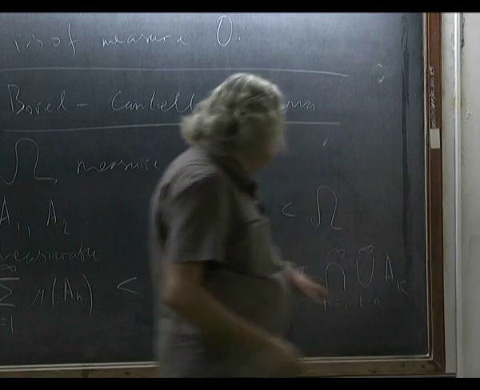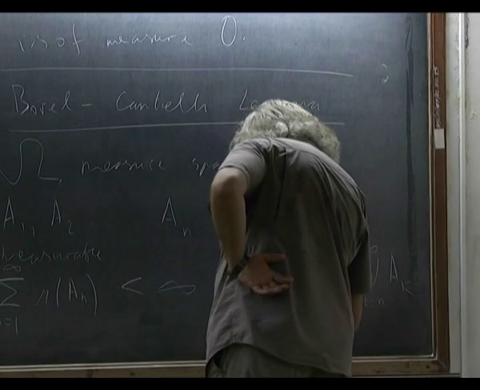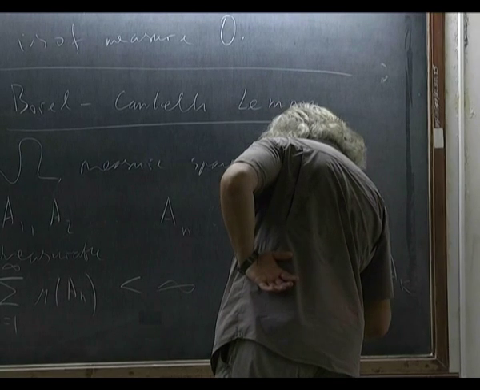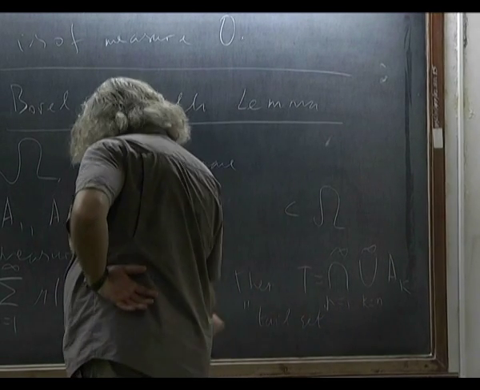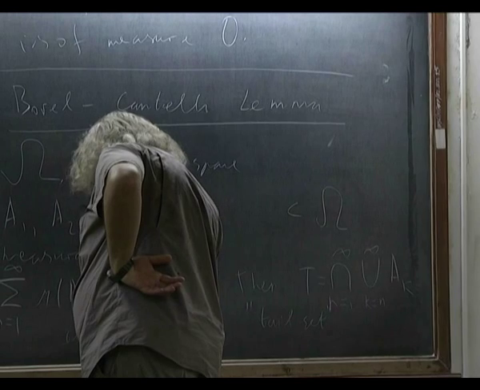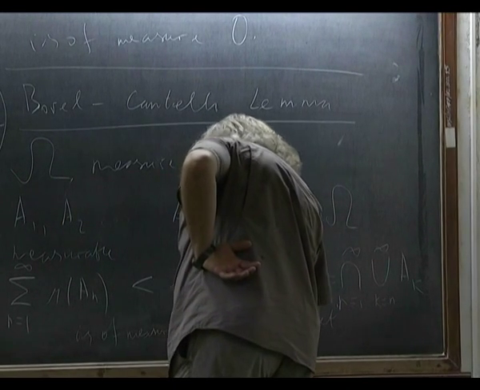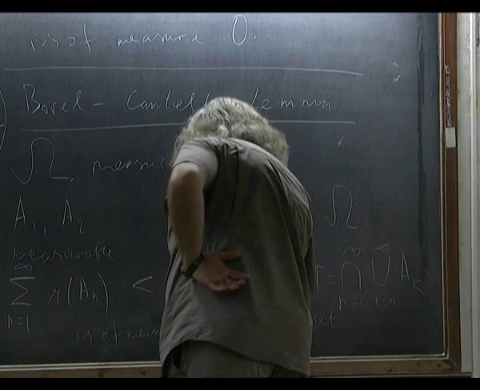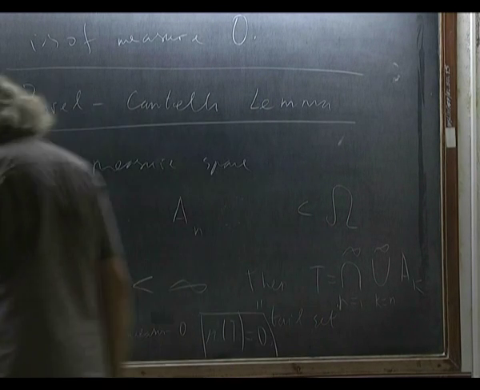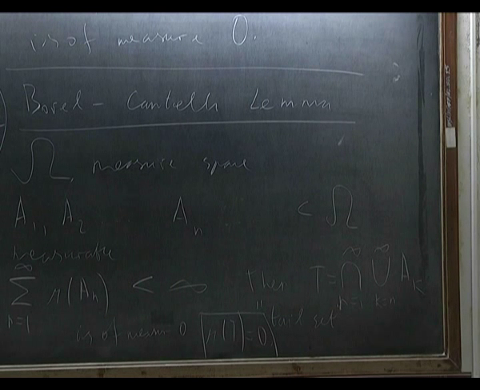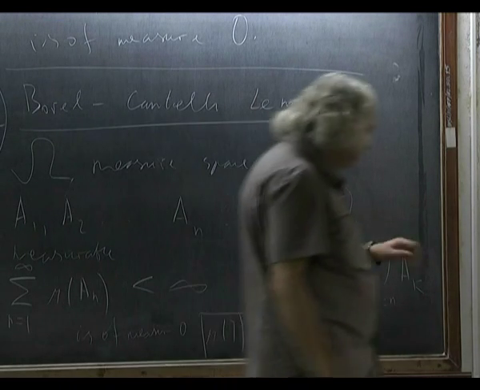So it is the tail set. The tail set is of measure 0. So again, the tail set is the points which belong to infinitely many of the A's.